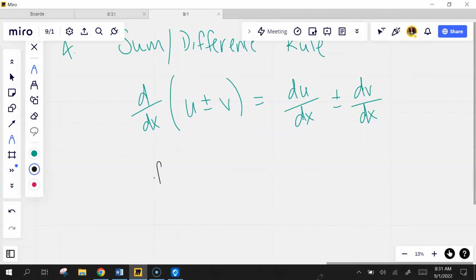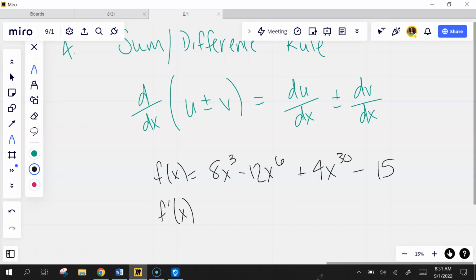So here if I had f of x equals 8x cubed minus 12x plus 4x to the 30th minus 50. If I want to find the derivative here, I'm going to do each one individually.